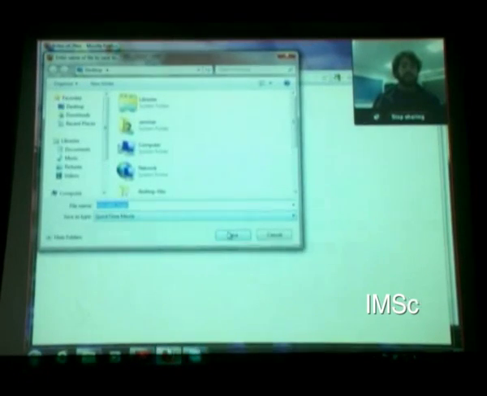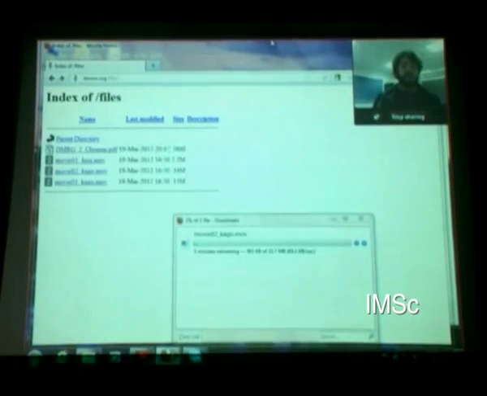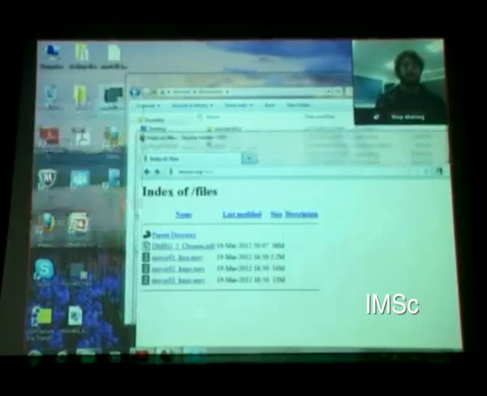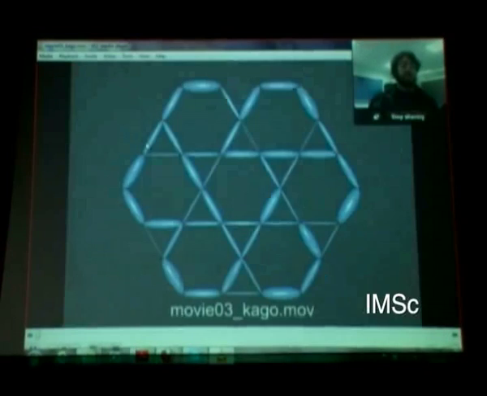Sorry, we are downloading the second movie. No problem. We could see the third movie first. The third movie is just the low temperature Kagome system, a chunk of the Kagome system. We'll come back to the second movie. It's basically the same thing at two different temperatures.